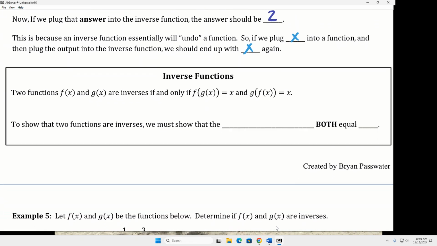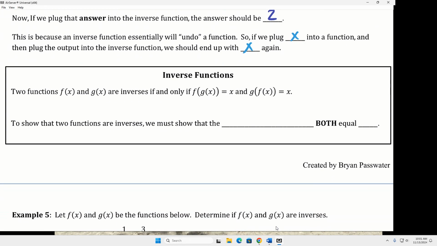And so to show that two functions are inverses of each other, you do f of g of x, and you should end up with x. And then you do also g of f of x, and you should end up with x. So we must show that the compositions of both equal x.